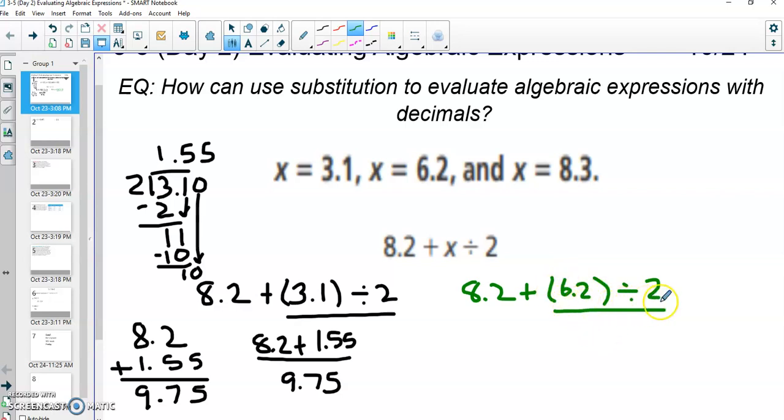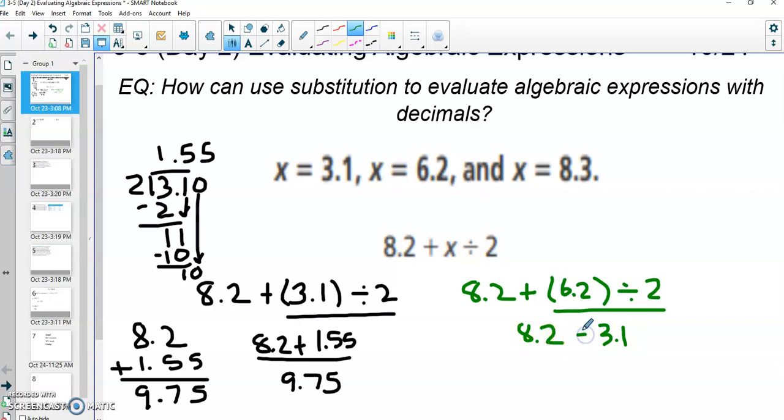So I have 6 2/10 divided by 2. That gives me a value of 3 1/10. And if you worked out the long division, you would get the same answer. I also know that if I take the decimal out, I really have 62 divided by 2, and that gives me 31. So I know to keep the decimal place, it goes straight up.